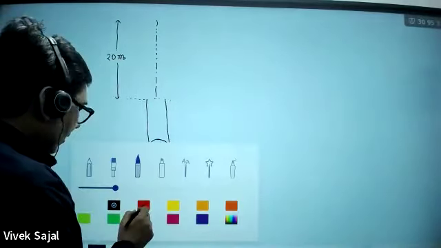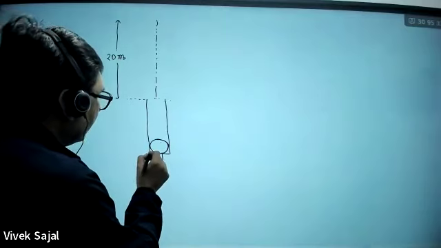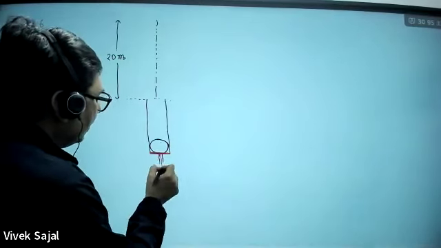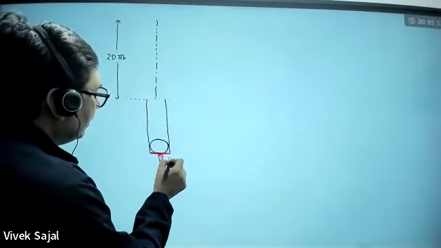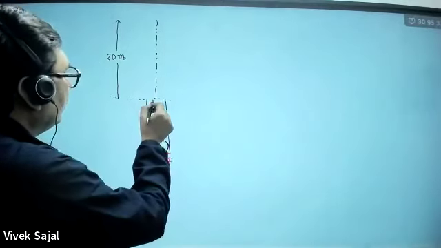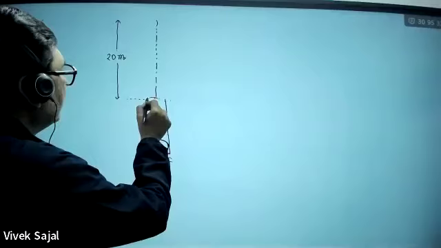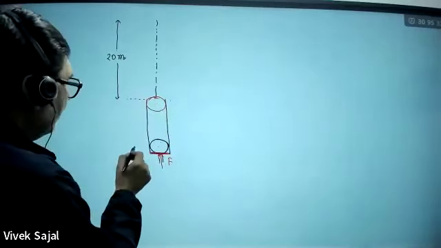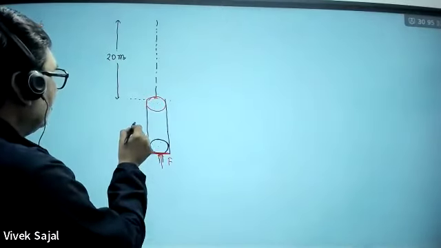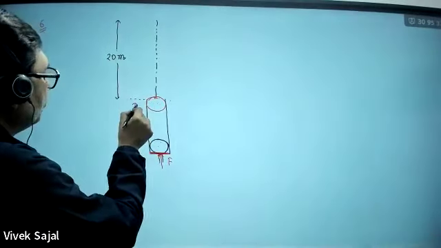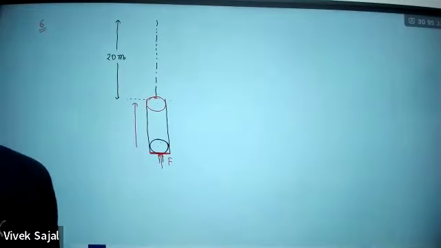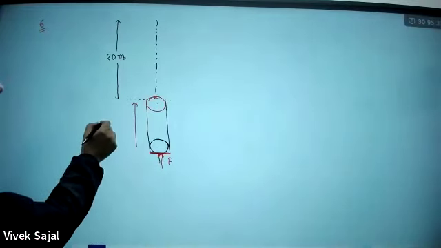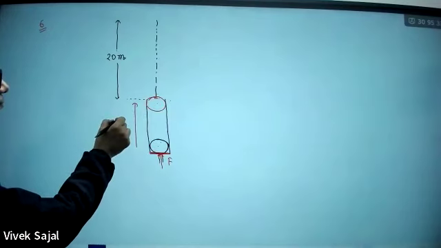Try to understand, whatever is the pushing part is here. From here a constant force is acting on the ball, and from here to here, the distance it is pushed is 0.2 meter.